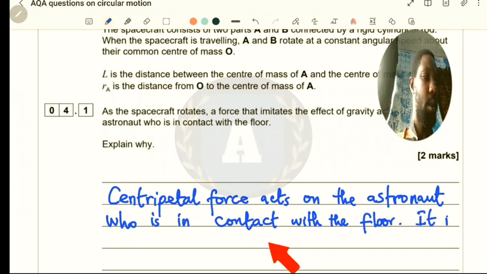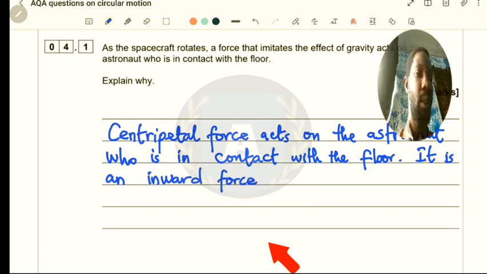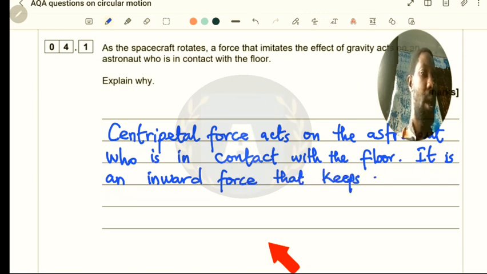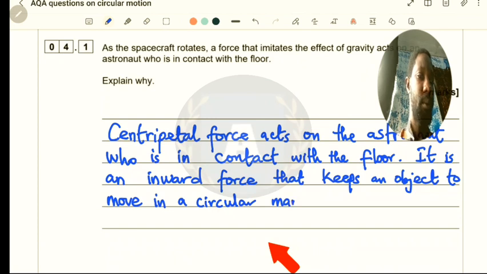It is an inward force that keeps an object moving in a circular manner toward the center.